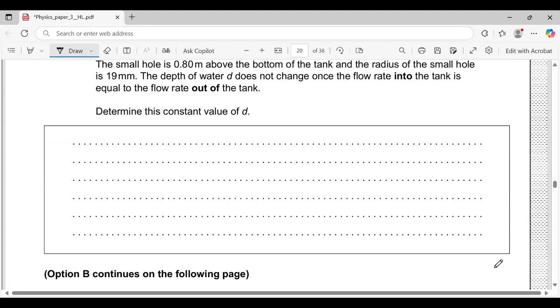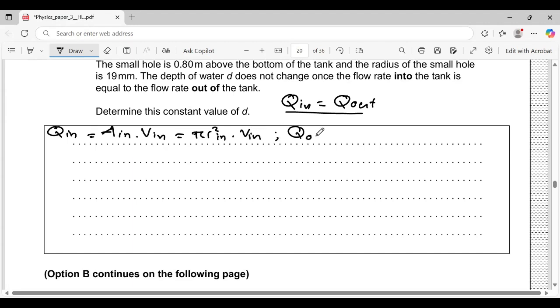So I would like to use first the equation that inflow rate equals outflow rate. So it means Q in equals Q out. The inflow formula is area in times speed in, so pi r squared in times V in.